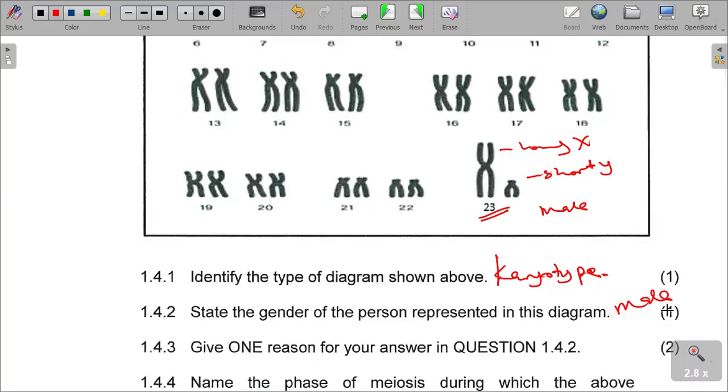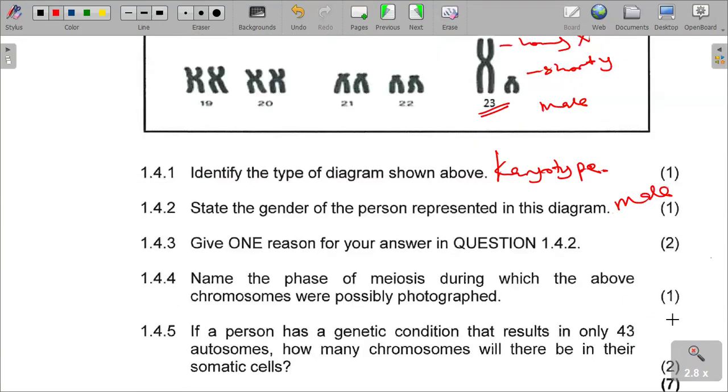The next question says, give one reason for your answer. It is chromosome pair 23, an X and Y chromosome.